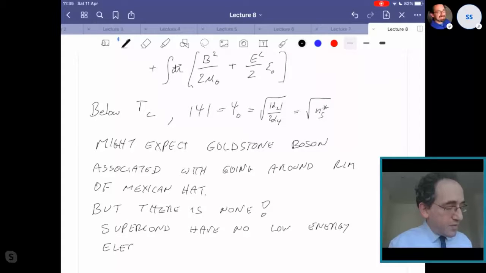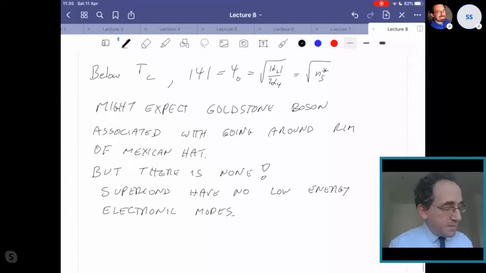So there's no electronic sound mode, no electronic sound modes, or no phonon of the electronic degrees of freedom. That's what you would expect from a Goldstone boson, a sound mode of the bosons. But in fact, superconductors don't have them. And why don't they?